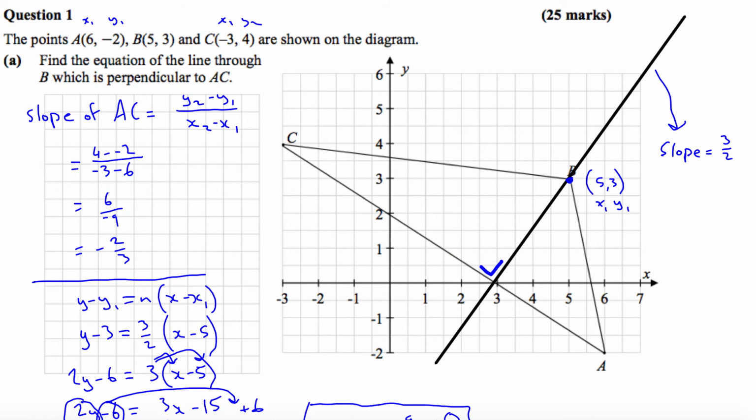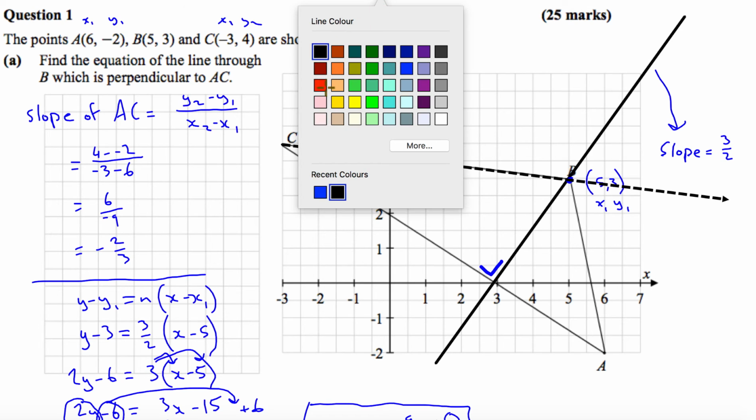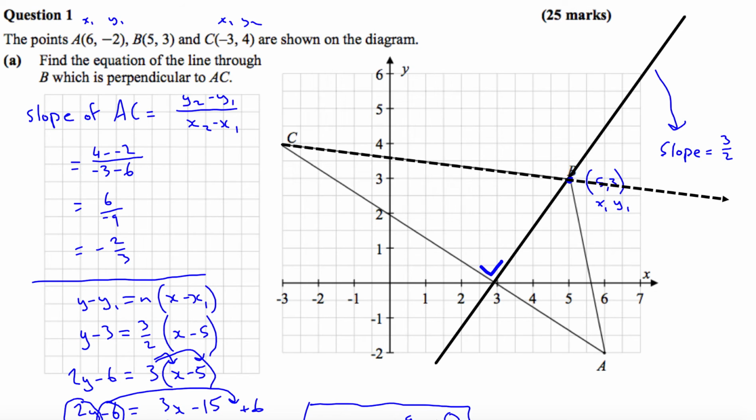Now, if I just imagine continuing this line from C, if you continue that line out there to there, the altitude from A would be perpendicular to that continued line, and it's going to intersect with the other altitude up there somewhere. So the point we're looking for is this orthocenter. Sorry, just so we don't get confused, that's the slope of the line there.